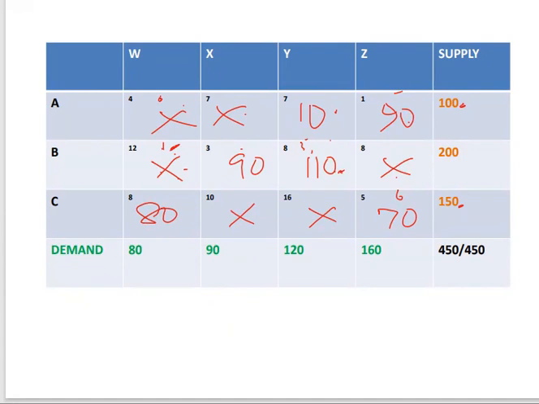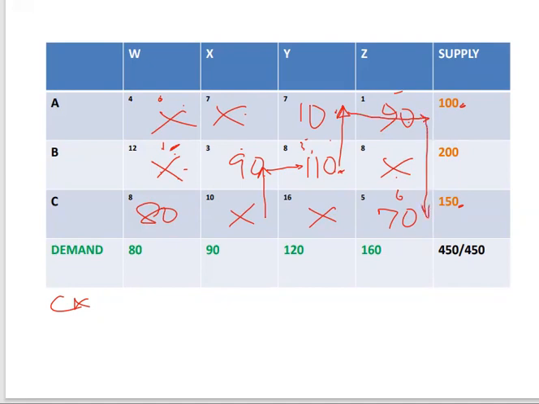We want to move from CX now. So CX to BX, to BY, that's 1, 2, 3, 4, 5, 6. BY, AY, AZ to CZ.